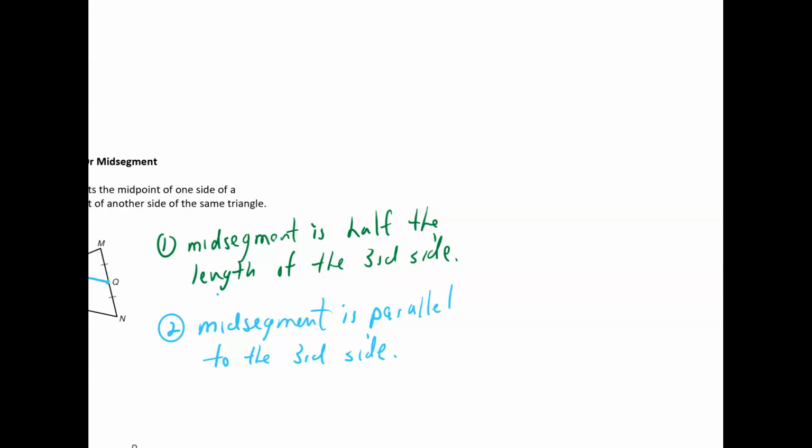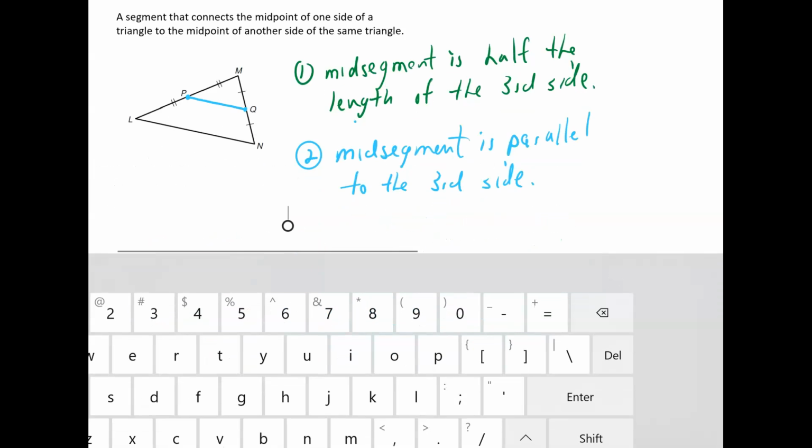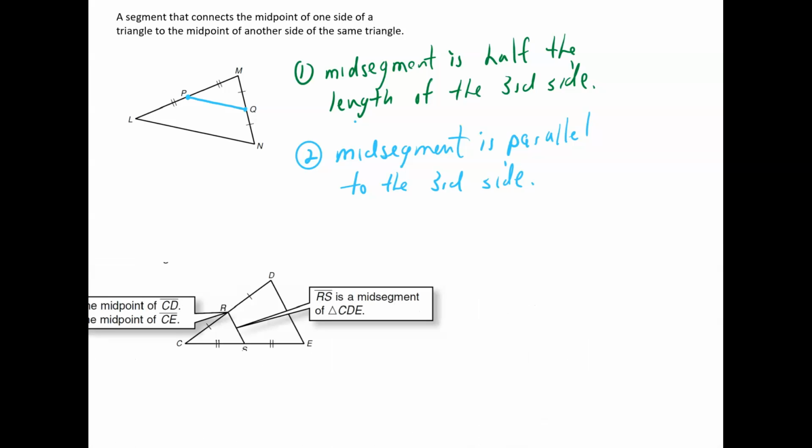Okay, there you go. 2 amazing properties of midsegments, and this is going to create some interesting stuff down here, because if each of these is half the length of the third side, we're going to end up seeing that there's not only 4 triangles in here, but those 4 triangles are absolutely 100% congruent and identical to each other. We're going to see that a little later, but right now just notice it looks like that's true, and we're going to see later why it is true.